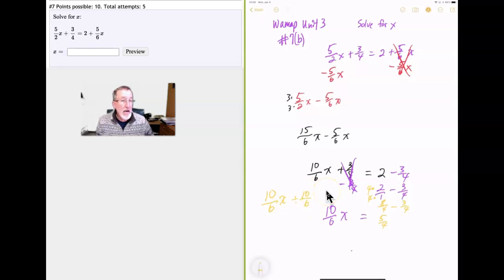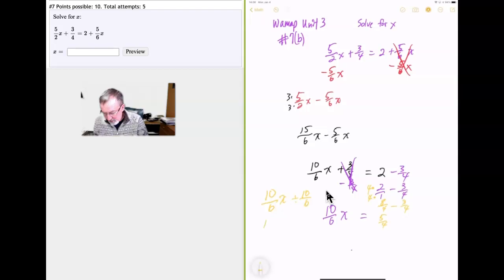So division in fractions, we invert and multiply, which is kind of the whole idea of the inverse operation. So we have 10/6 x times 6 over 10. And we're going to get 60x over 60, which is 1 over 1, which is 1x. We can cross cancel these and get just x, 1x or x.